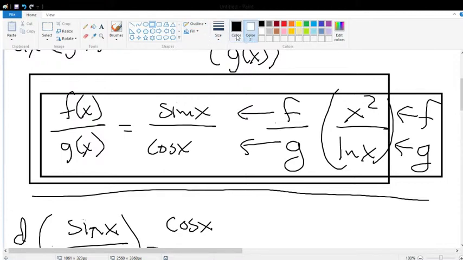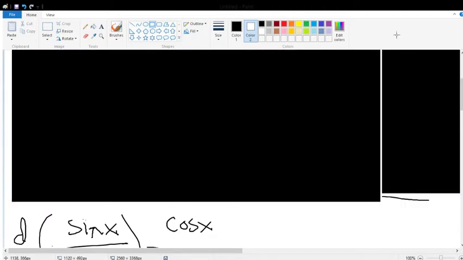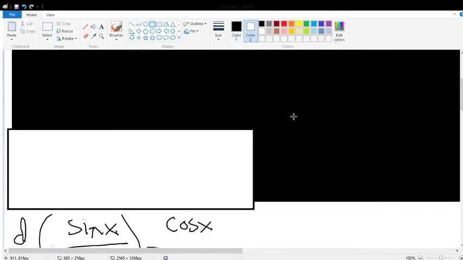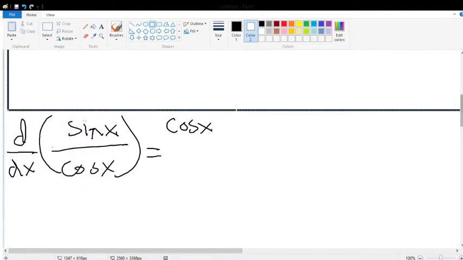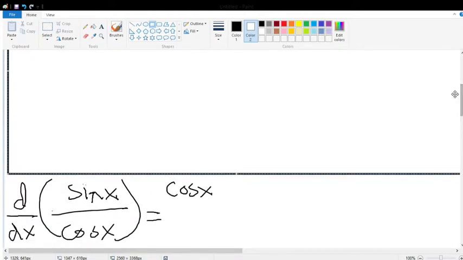How to do this? Just my mouse. Good enough. Okay. Alright, I might just edit that out later.